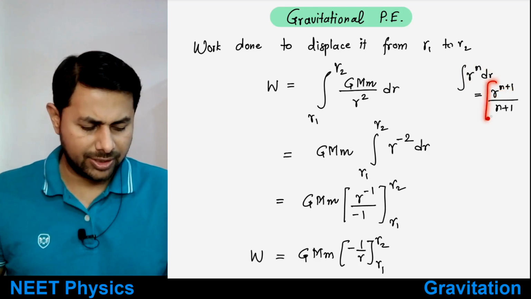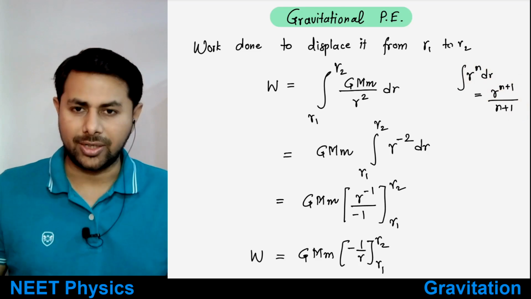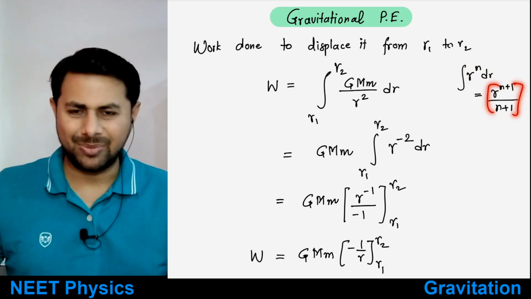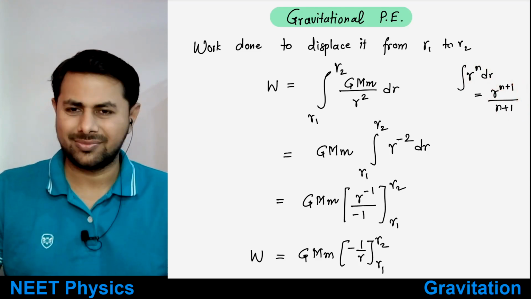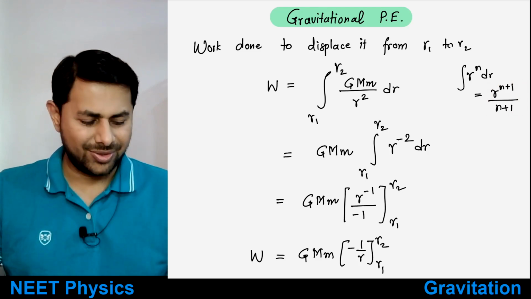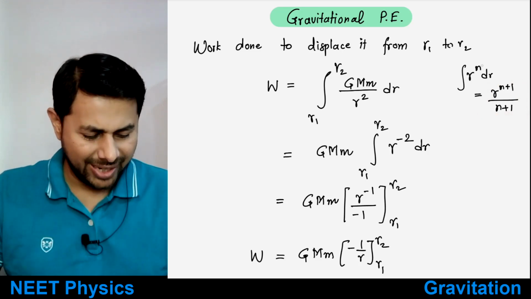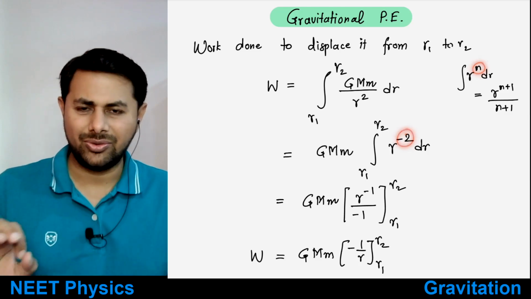I wrote dx earlier, but the variable and this should be the same, so it is a function of r. If limits are given, then we evaluate within the proper limits. What is our n here? n is equal to minus 2.